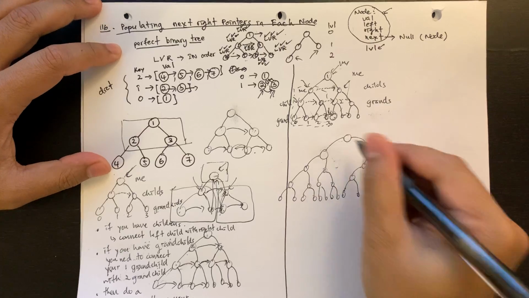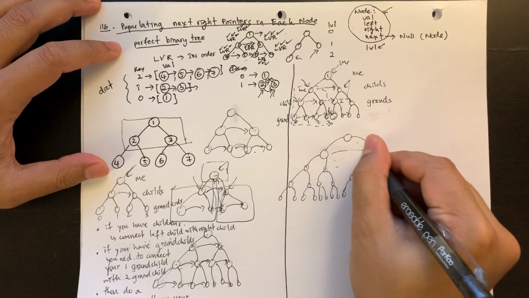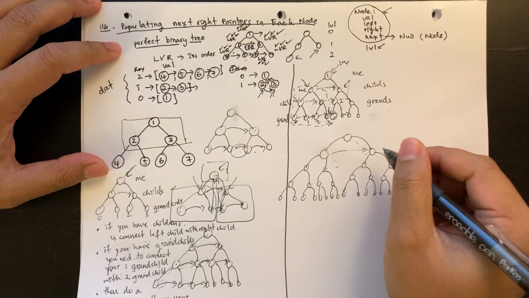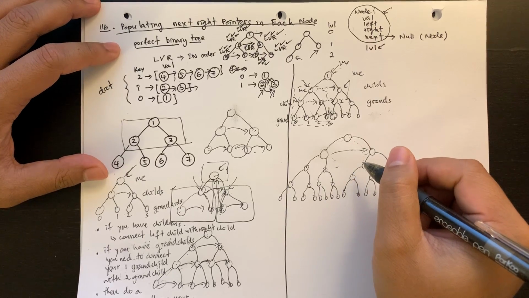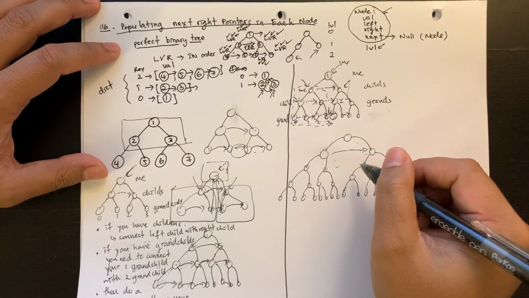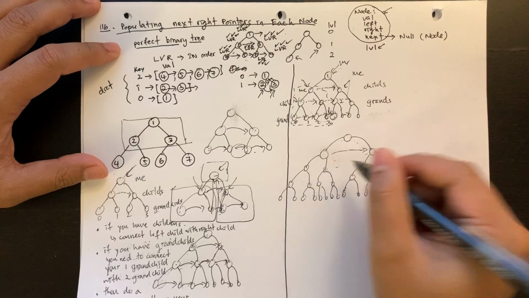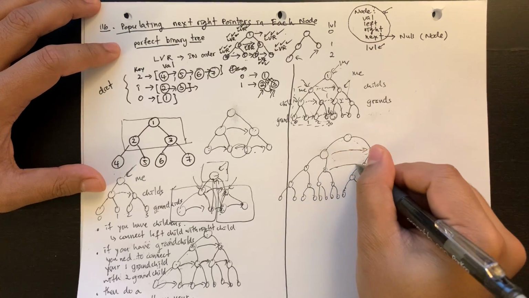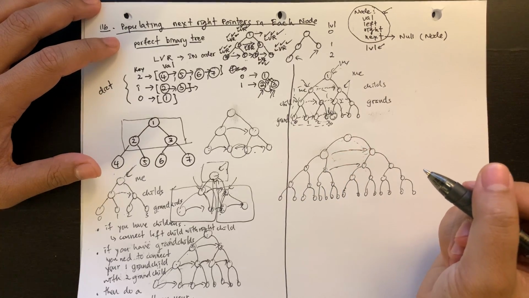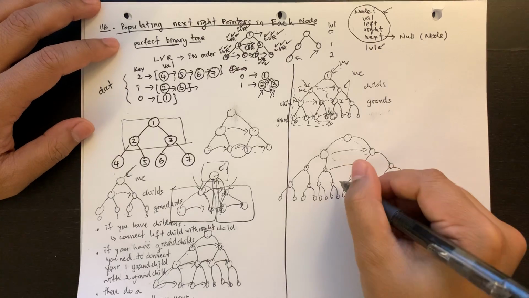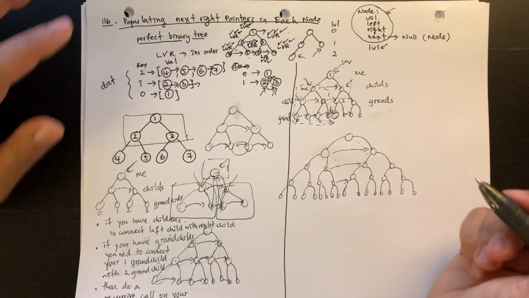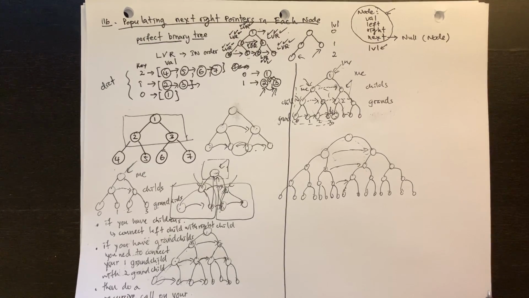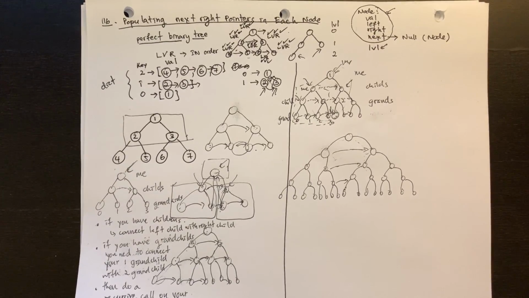Alright, so let's do this node like this, and then this node just like this. So basically we just connect everything.